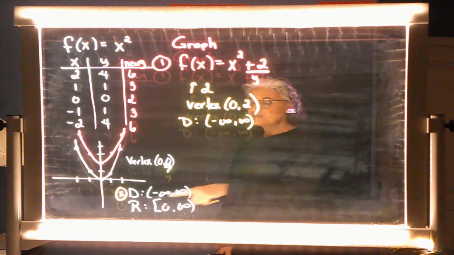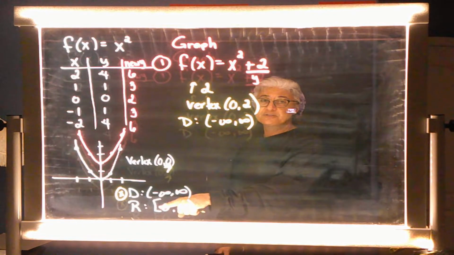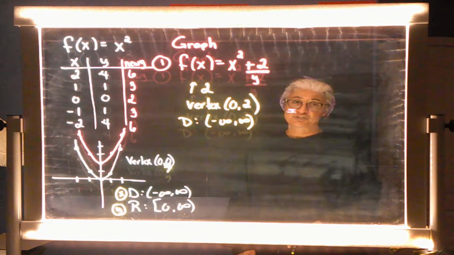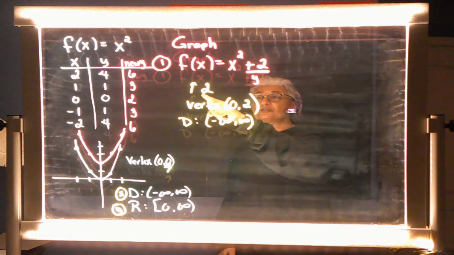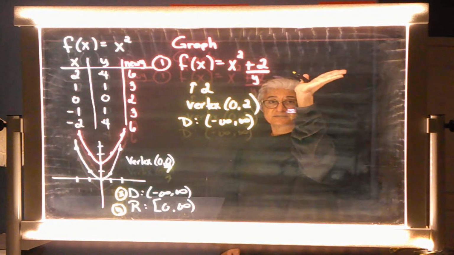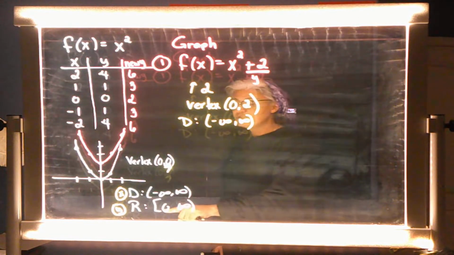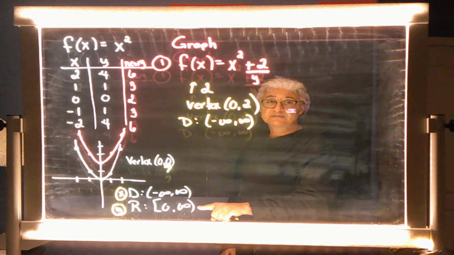Lastly, the range. When you're graphing, the range affects which variable? That's right, the y's. The range refers to the y's, I should say. So, in this particular case, this plus 2 shifted the graph 2 spaces up, didn't it? It affected the y's. It went 2 spaces up, didn't it? So is your range still going to start at 0 and go to infinity?